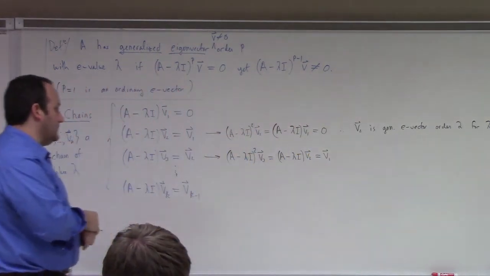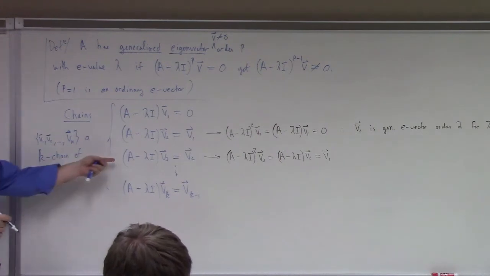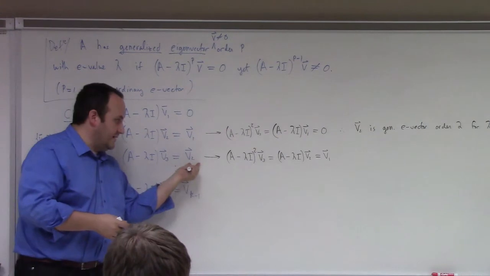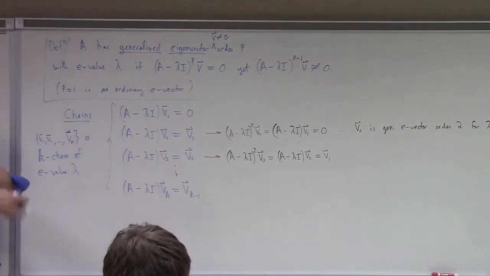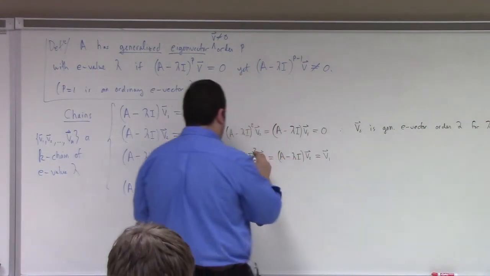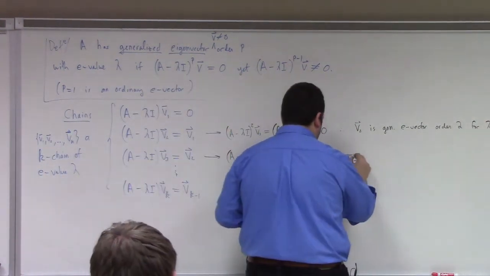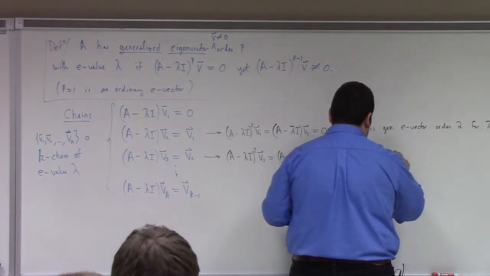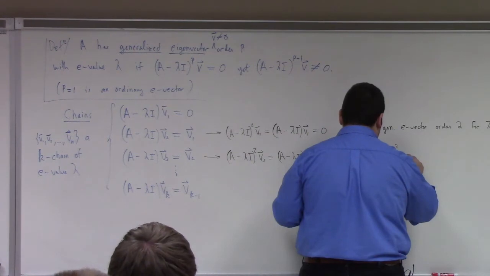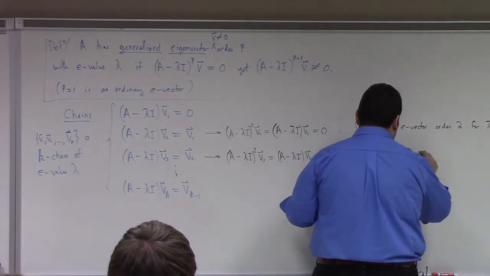So I'm taking the third one, multiplying by A minus lambda I. So I get a square here, and we're still not done. What happens if we multiply one more time by A minus lambda I? So now I have A minus lambda I cubed on v3 is equal to 0, right?